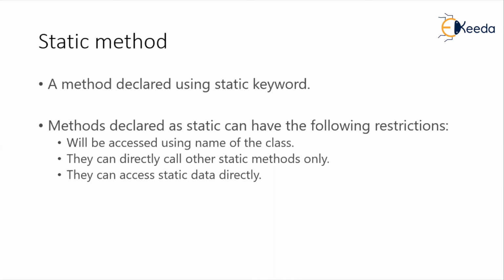They can be accessed using the name of the class. They can directly call other static methods only, and they can access static data directly, whereas instance methods and instance data members cannot be accessed in static methods directly. Let's check it through the implementation.